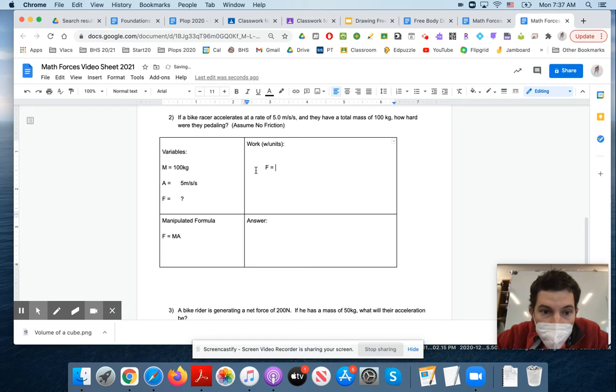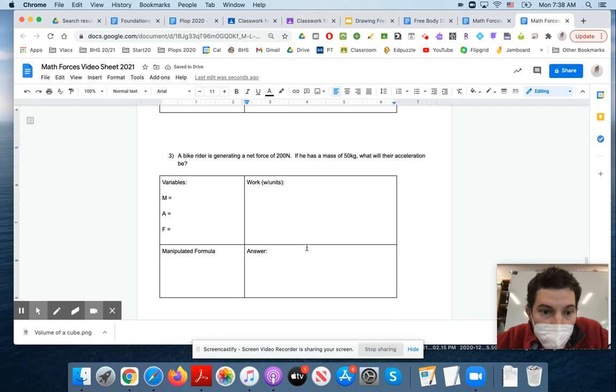F equals 100 kilograms times 5 meters per second per second. And that's going to yield an answer here of F equals 500 kilograms times meters per second per second, which, as we said in the last one, is going to be, pardon, I should have put a 5, should be 500 newtons. So there's my answer there.